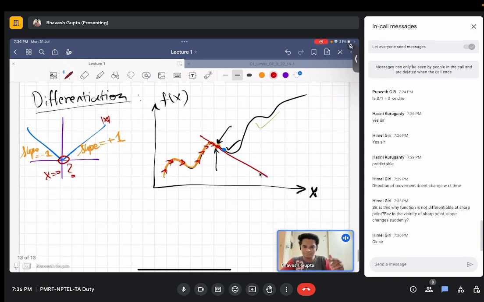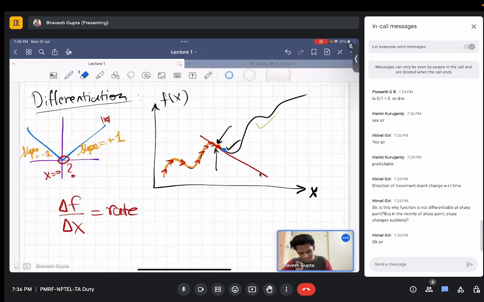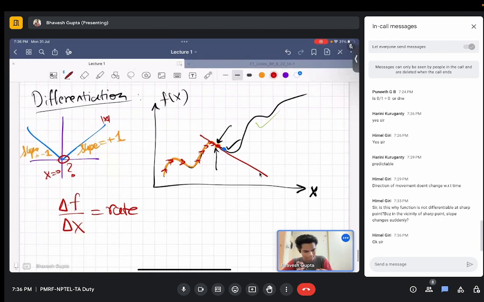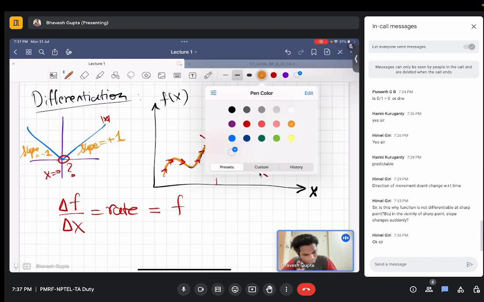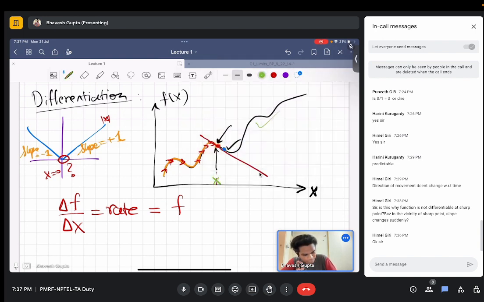Let me tell you why I'm able to estimate that blue point over here. So the change in f over the change in x, this is what we call rate, right? That's what the definition is. Let me write this as some y thing. No, let's keep it f only, since everything is in terms of f. Let's say I'm talking about some x equal to a point.